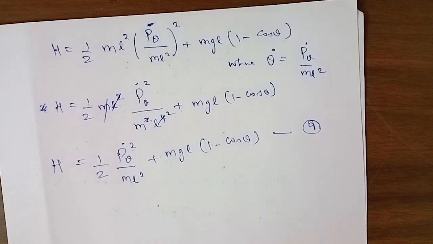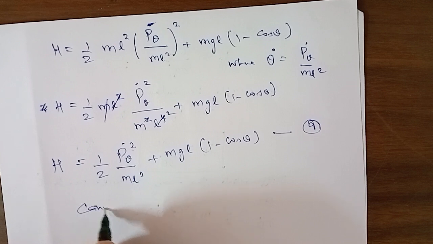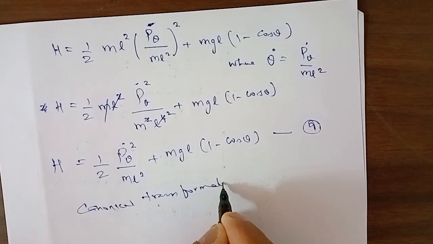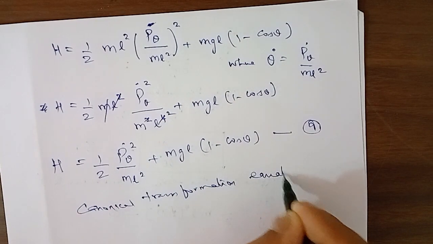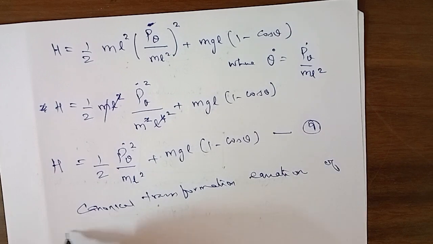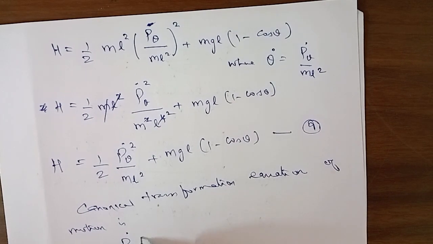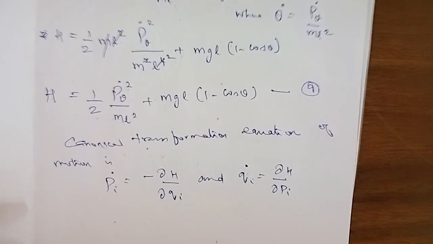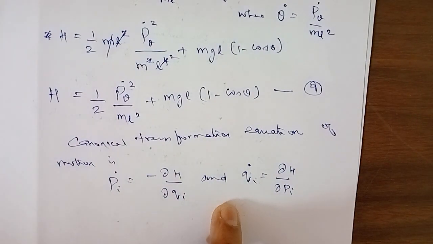So now I am using canonical transformation. We know that by canonical transformation the equations of motion are Pi dot equal to minus dou H by dou Qi, and Qi dot equal to dou H by dou Pi. These equations I already solved in the canonical transformation equation video.